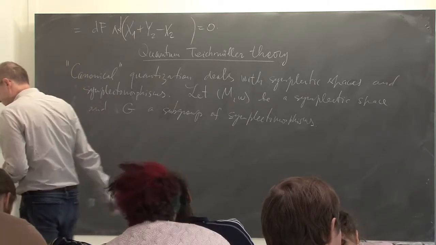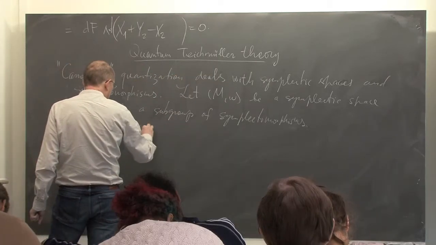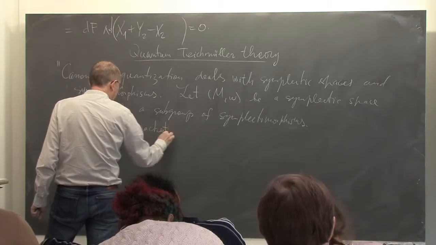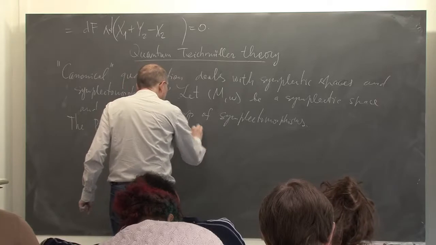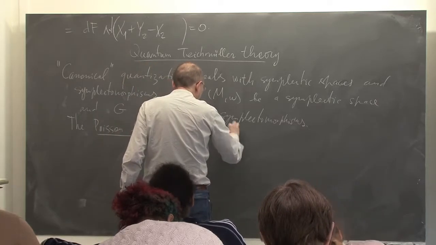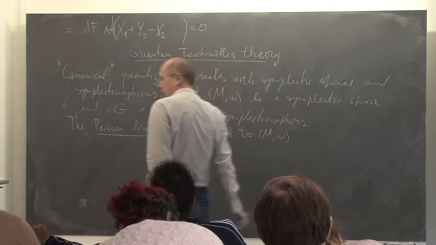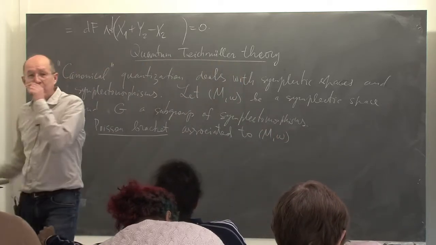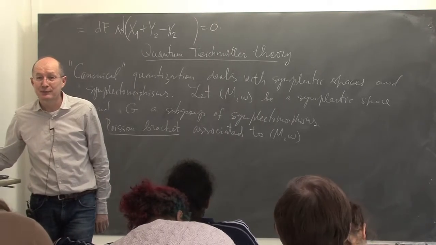Okay, and then there's a Poisson bracket associated to (M, omega). Do you know what is a Poisson bracket? General definition.